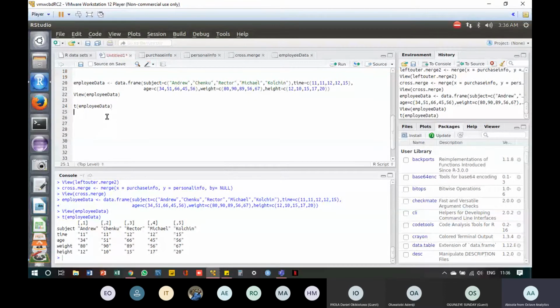And then we also want to reshape our data. We want to create a new data set and put it in the way we want it to be. So let's call it reshaped employee data. This is for transposing, and then we want to reshape our employee data.